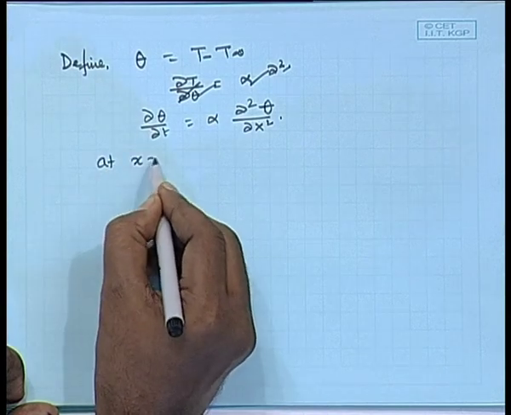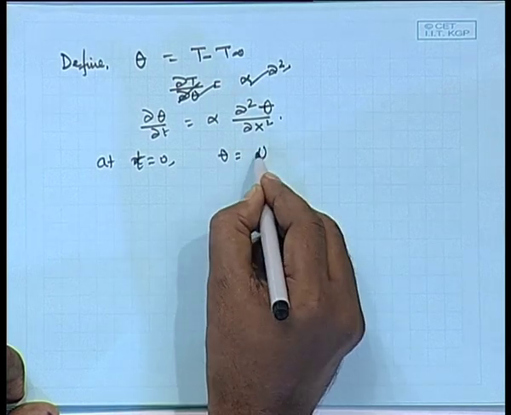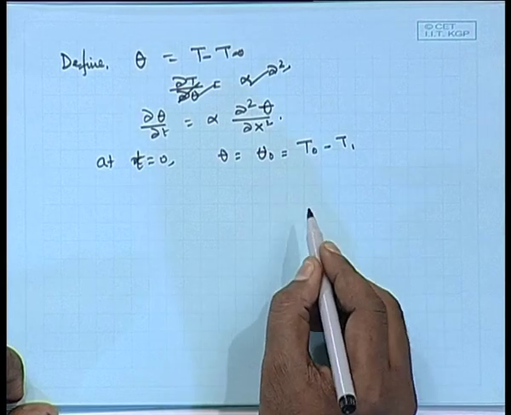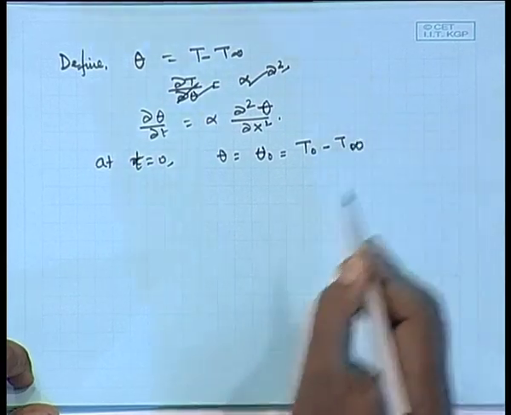At t equal to 0 your theta was equal to theta naught, that is T0 minus T infinity.